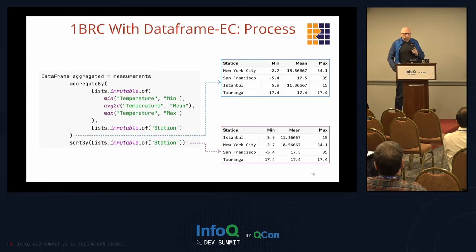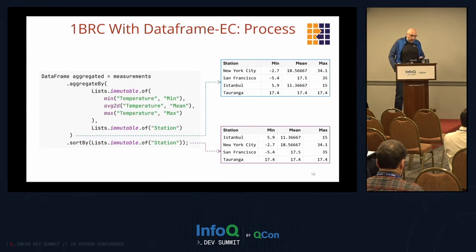Now, you may be wondering what this immutable business is, and we'll talk a bit about it in a bit, but just to quickly clarify things, DataFrame-EC is based on an open source library called Eclipse Collections, and Eclipse here as in Eclipse Foundation, not Eclipse IDE, and it's a fully compatible replacement for JDK collections.